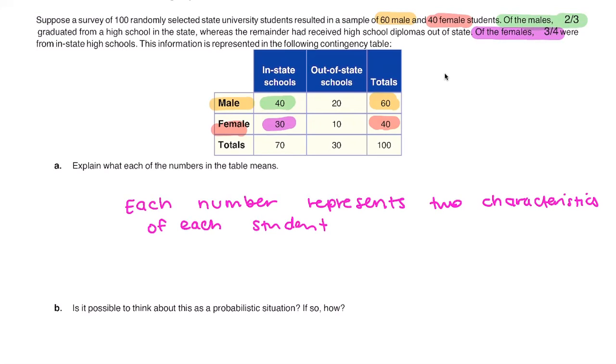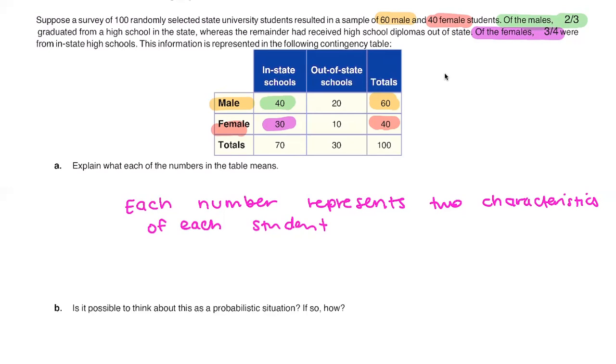Is it possible to think of this as a probabilistic situation? Yeah, think about all of the students in a room. All 100 students are in an auditorium or in a Zoom room. And I'm going to randomly pick one or say, okay, everybody who's male, raise your hand. And they raise their hand. I say, okay, now if you're male and you graduated from in-state high school, wave your hand back and forth. And so you would be able to see those 40 of the 60 arms moving around.